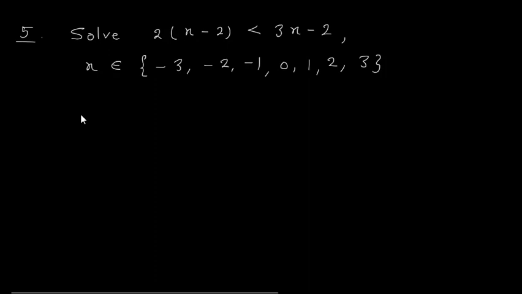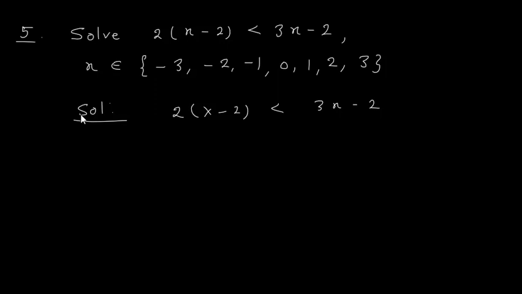So write the inequation first. In the solution I will write 2 times x minus 2 is less than 3x minus 2. Now I can divide both the sides by 2, or better I open the bracket. So here I have 2x minus 4 is less than 3x minus 2. Now I will subtract 3x from both the sides.